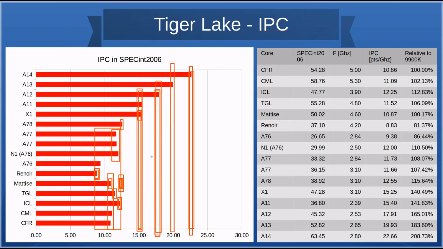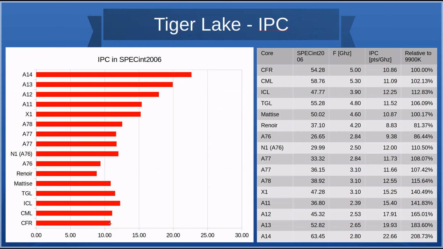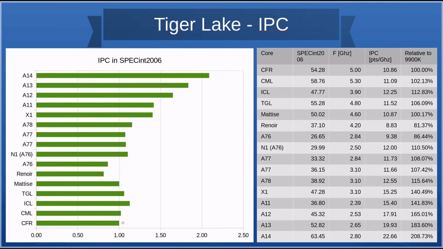It's still like 3 generations above Intel, because when the Intel Golden Cove comes, it should be 40% above Coffee Lake refresh here. So for Coffee Lake refresh, I have another graph I will show you, and it's normalized to the Coffee Lake refresh.